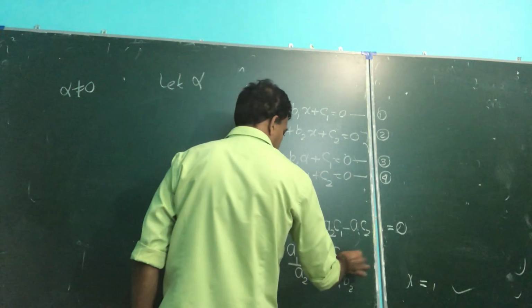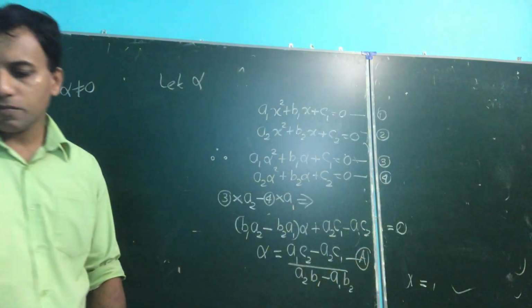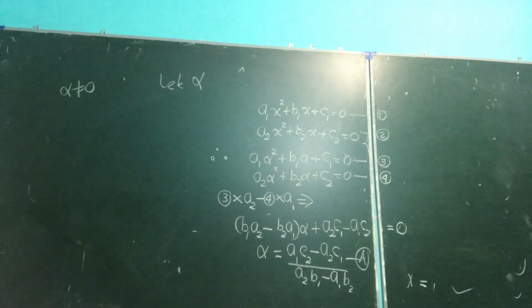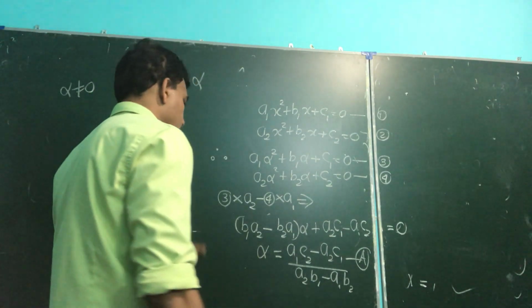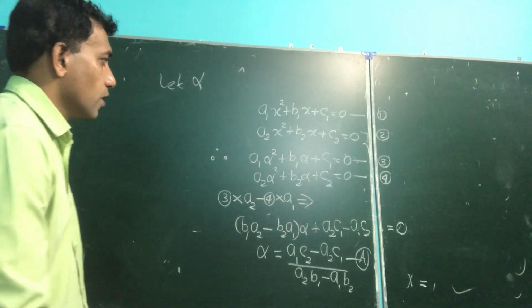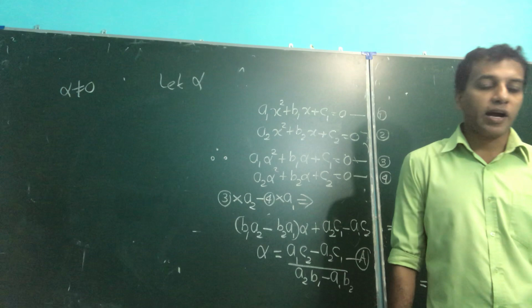We say this is equation A, right? Next, find the alpha square.